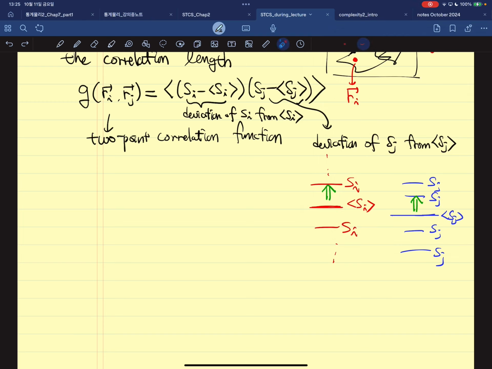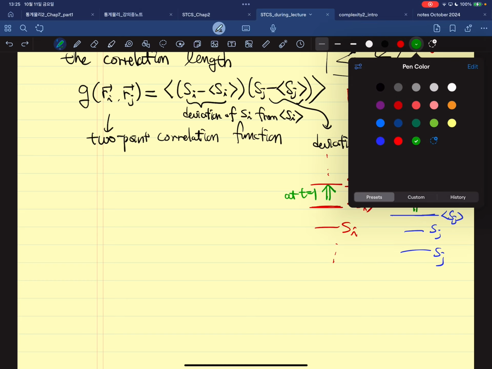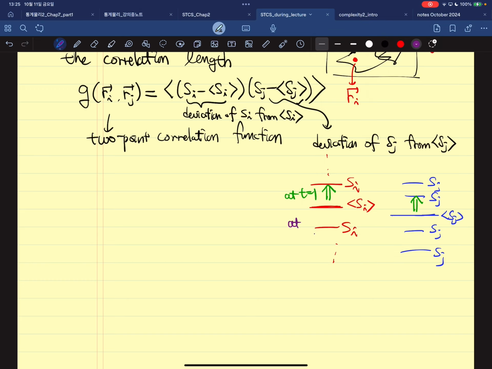If you consider some temporal notion, at t equal to 1 it deviates in the positive direction, and at the next time, t equal to 2, the deviation is toward the negative side.